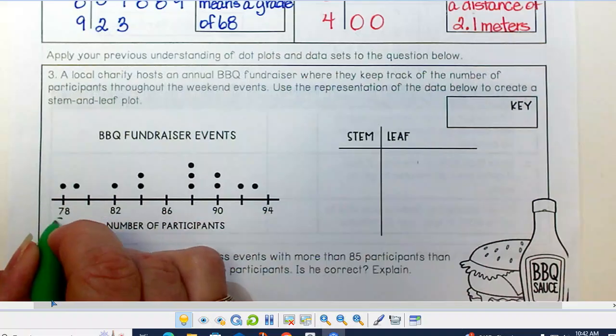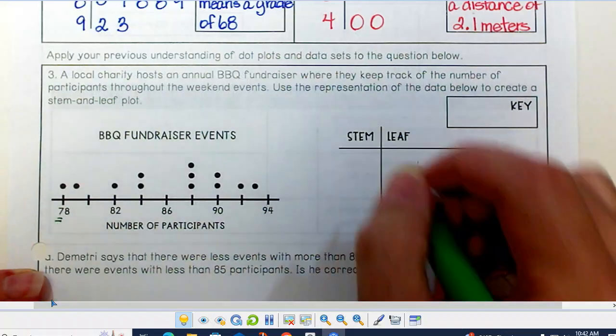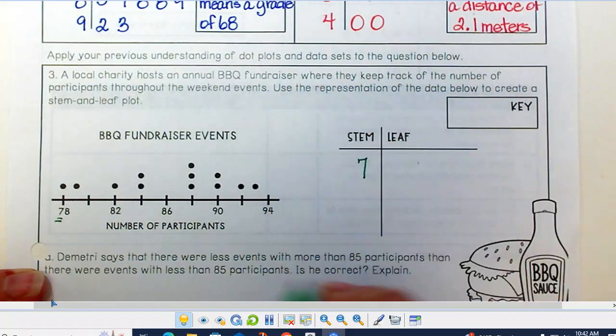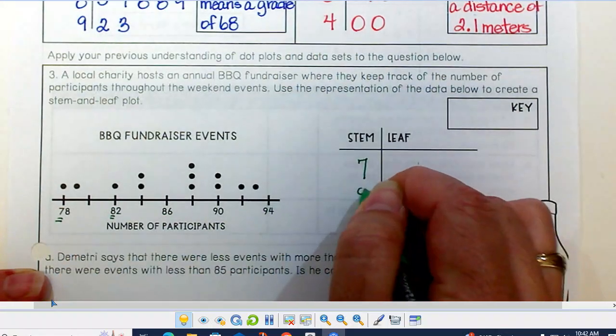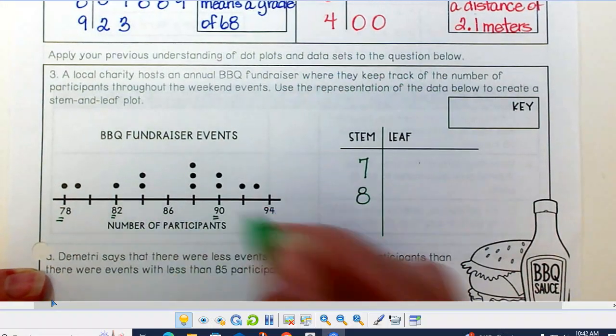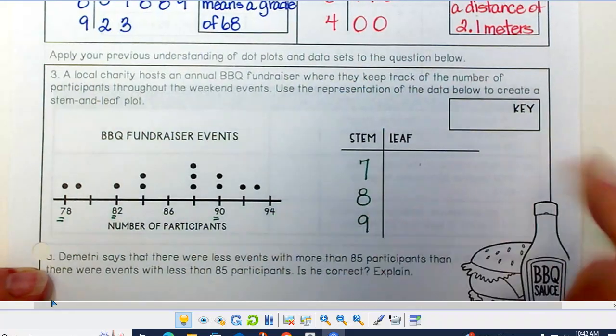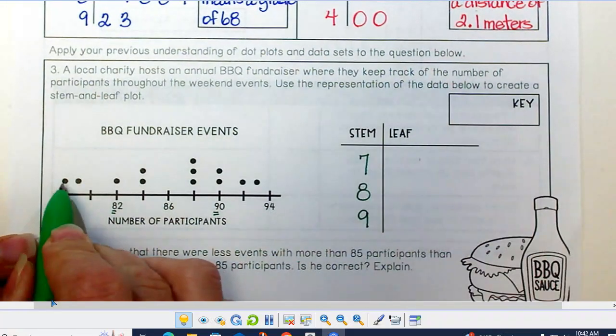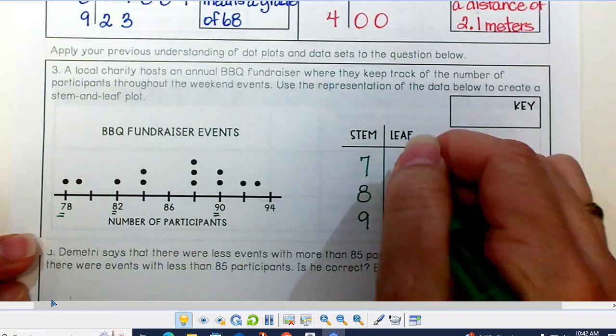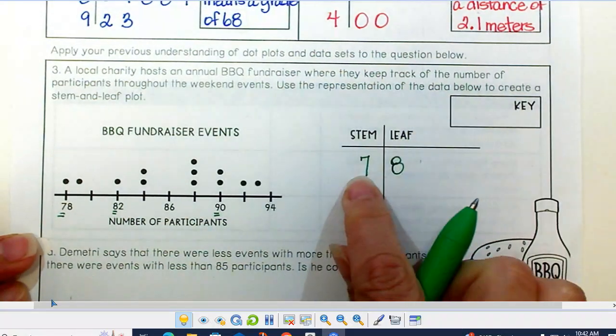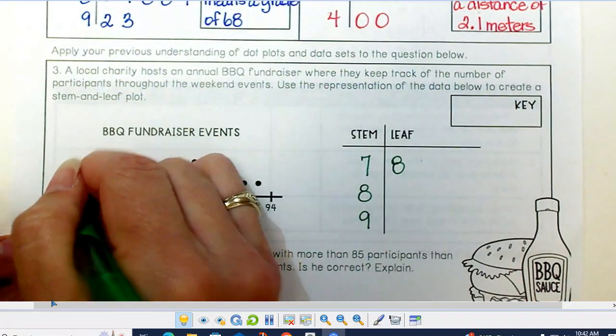I need a stem of 7, a stem of 8, and a stem of 9. Okay, this dot is right there at 78. So the stem is 7, leaf is 8.